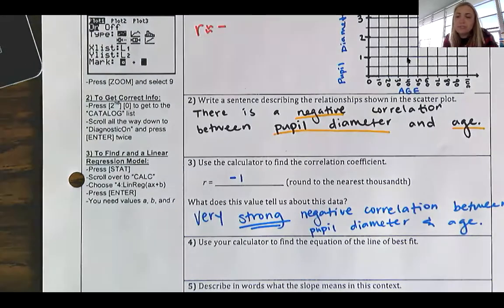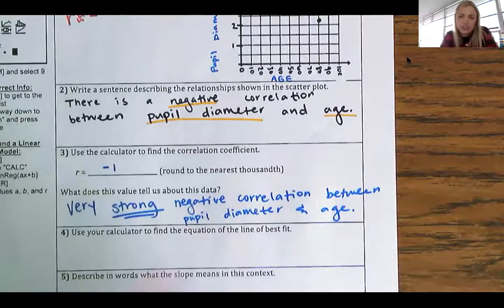So just by looking at the graph, we are able to say, yeah, there's a negative correlation. But once we have that R value being -1, that tells us that not only is it a strong correlation, it's like super, extremely, perfectly strong.